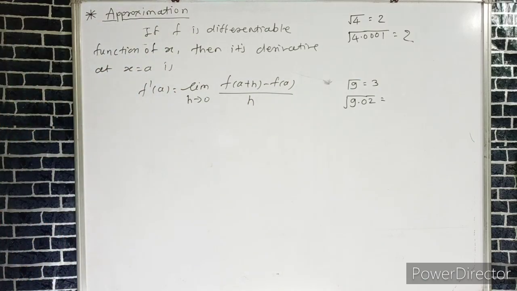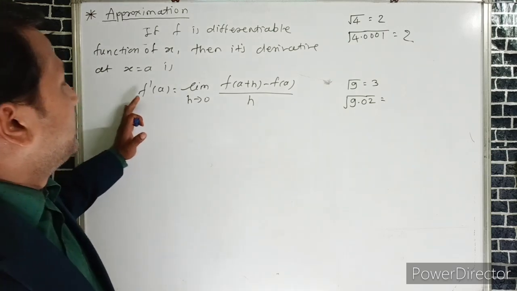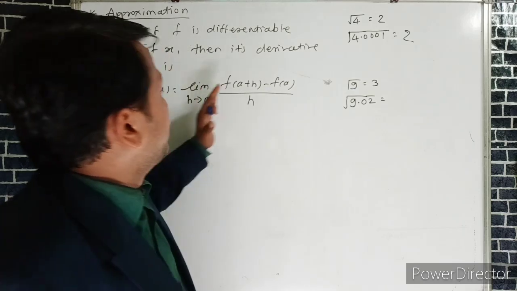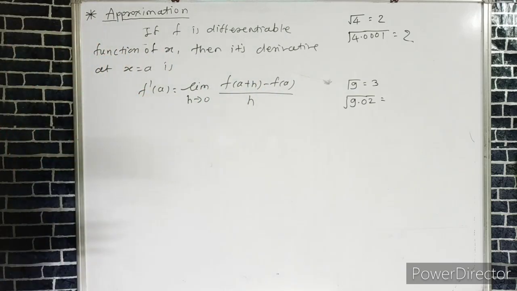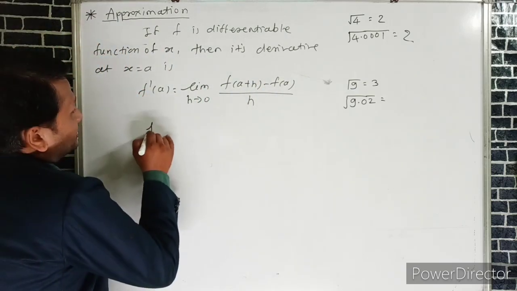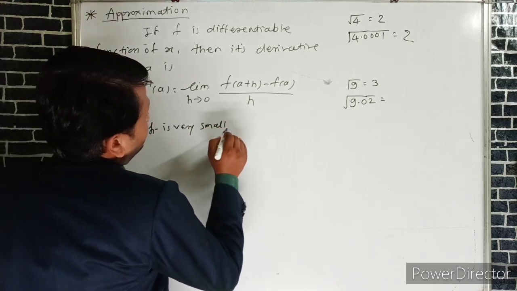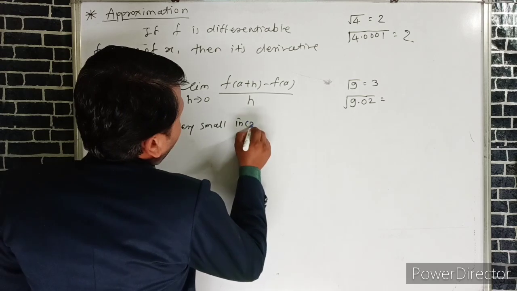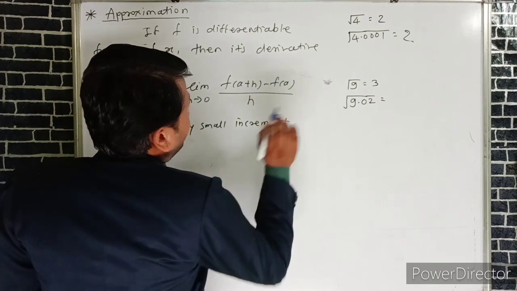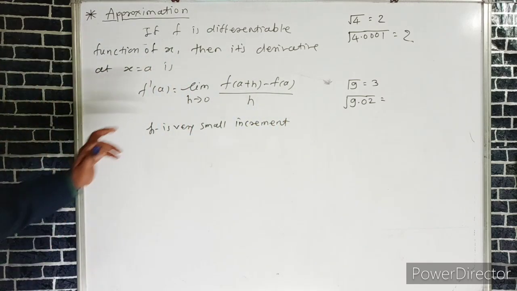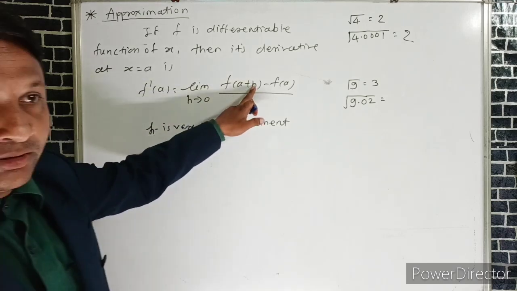Here the derivative of f of x at x equals a is f dash of a is equal to limit h tends to 0 of f of a plus h minus f of a upon h. Here h is a very small increment in a plus h.